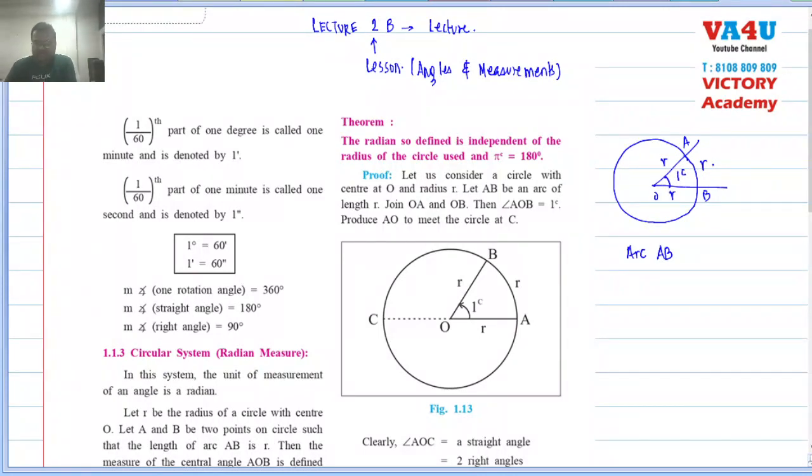So it is important to note that the radian is independent of the radius of the circle.